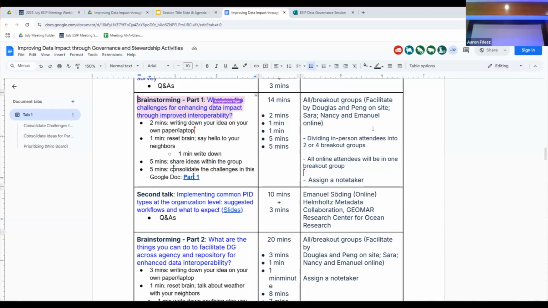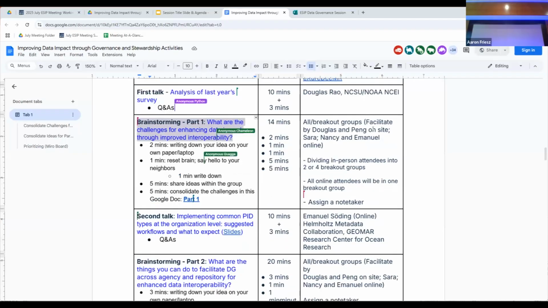So for the first 2 minutes, find the Google Sheet, go to part 1, and write down your own ideas, and we'll consolidate there. We're going to try this workflow and see how it works. If it doesn't, we'll improvise in real time. And now we're going to start the 2 minutes.